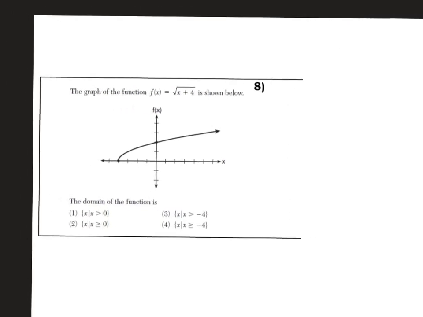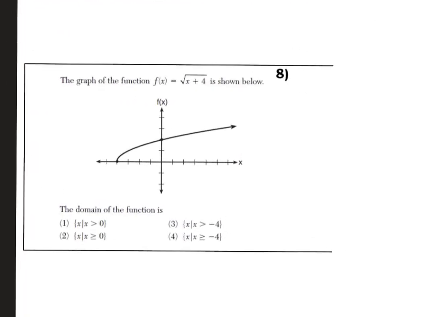So, beyond just the definition of a function, we want to actually look and see what some of the characteristics of functions are, right? And so this question: the graph of the function f of x equals square root of x plus 4 is shown below. The domain of the function is, right? And we see this keyword domain. When we say domain, we want to think x values or input values, right?